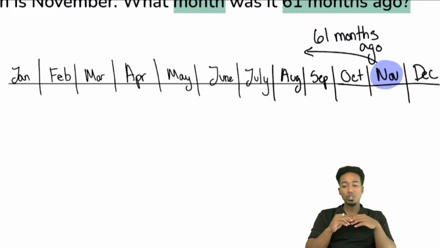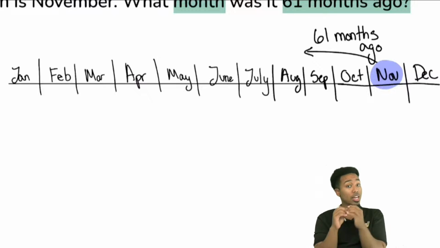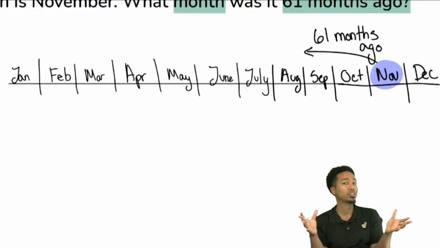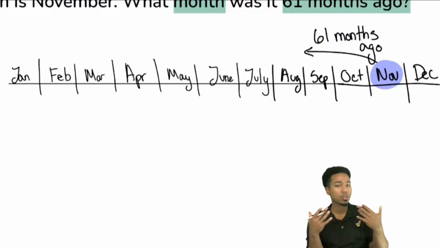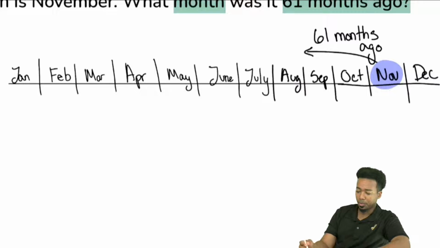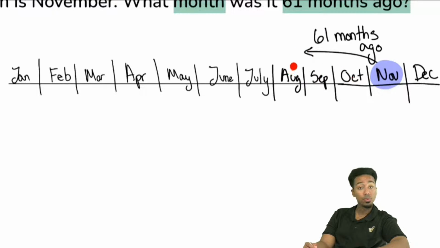Okay, so some of you have said this problem seems difficult, but there's actually a very straightforward trick to this. And this is where arithmetic reasoning or understanding strategy comes into play. So watch this, everybody. We're trying to count backwards 61 months. 1 month ago is October, 2 is September, 3 is August, 4 is July, 5 is June, 6 months ago is May, 7 months ago is April, 8 months ago is March, 9 months ago is February, 10 months ago is January.